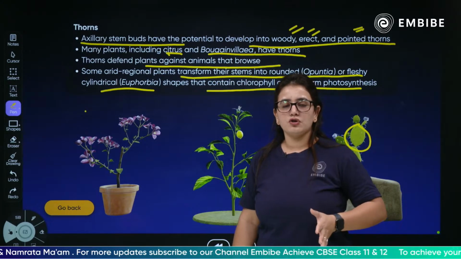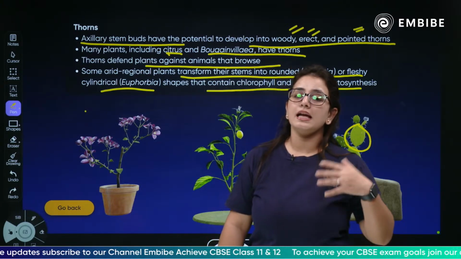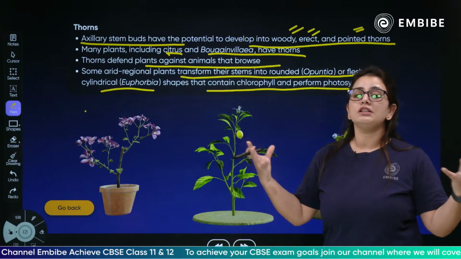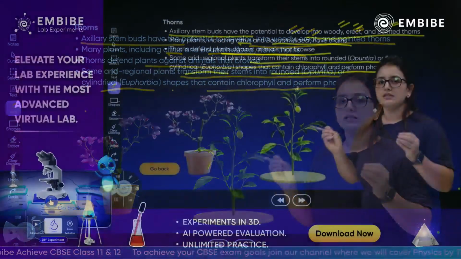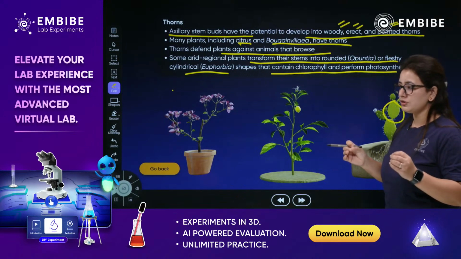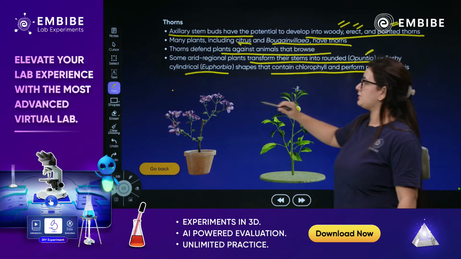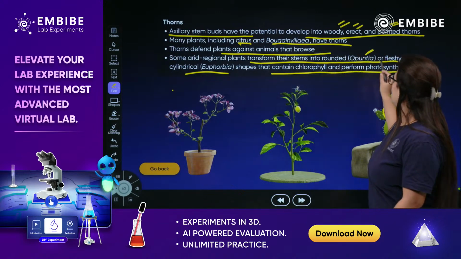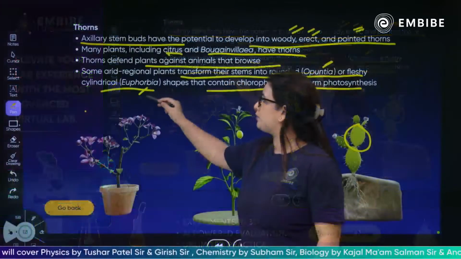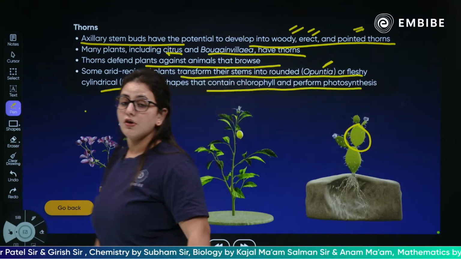Basic photosynthesis takes place in the leaf, but in certain areas some plants have modified their stem only to do photosynthesis. Such plants are opuntia, which is fleshy, and euphorbia shapes. They contain chlorophyll and undergo photosynthesis.